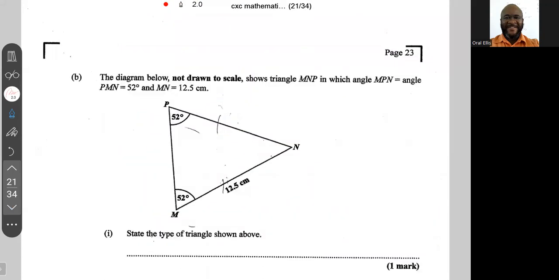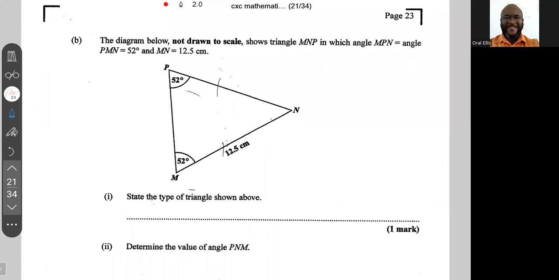All right, B part of the question. The question says the diagram below, not drawn to scale, shows triangle MNP, in which the angle MPN is equal to the angle PMN, and they're both equal to 52 degrees.